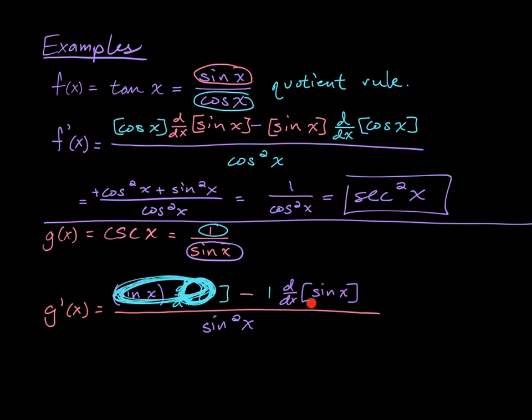The derivative of sine is cosine x, so we will have a negative cosine of x all over sine squared x.